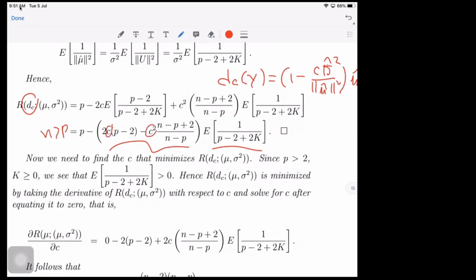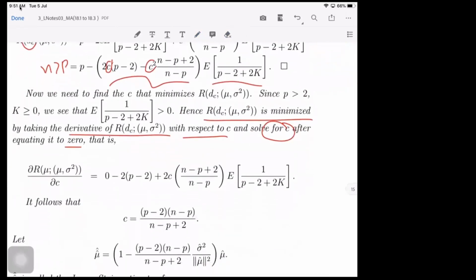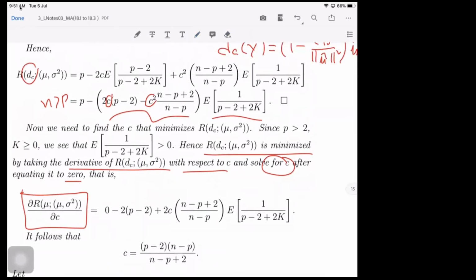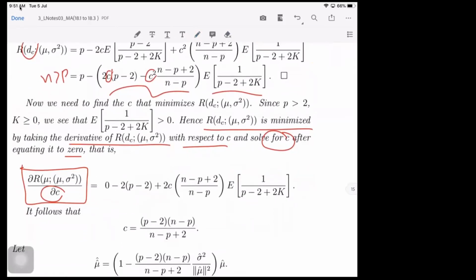If you recall in your calculus series, for it to be minimized, you get the derivative of that with respect to C, equate that equation to 0, and solve for C. So we get the partial derivative of the risk with respect to C, partial, because you can always take the derivative with respect to other random variables available in the equation.